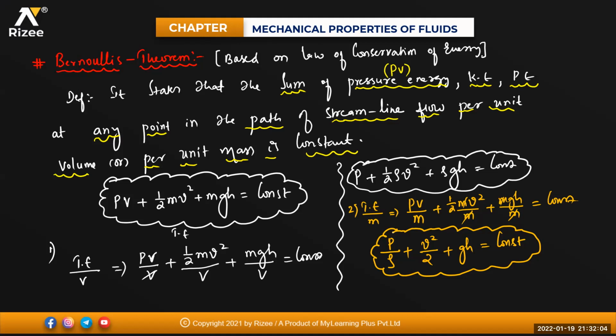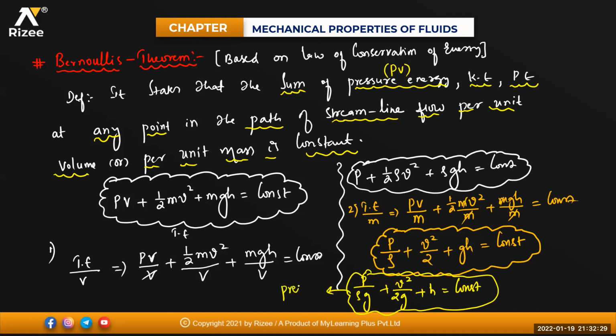One more form, beta. If I multiply this with g, right here, right now itself, this is P divided by rho into g plus V square divided by 2 into g plus h, and g and g will get cancelled. So that will be equal to a constant. Like this also I can write, right? This one is known as the pressure head, beta.